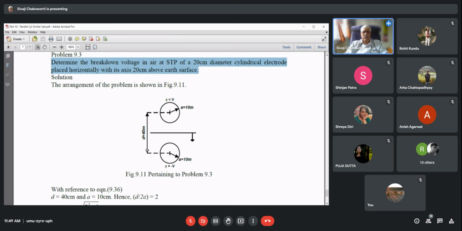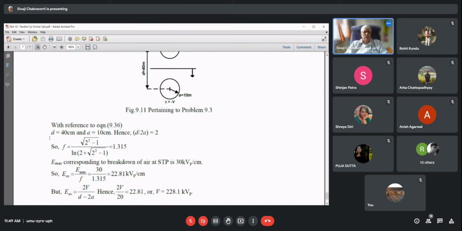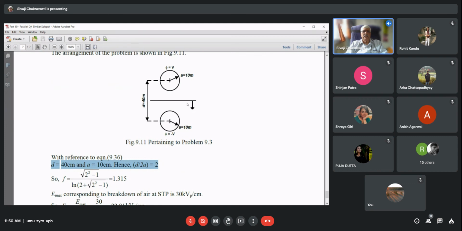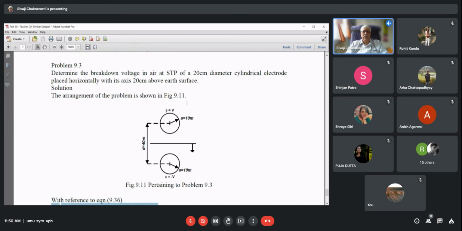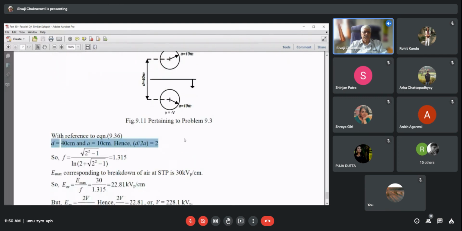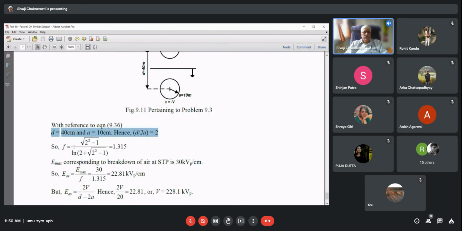So the distance between the two axes, D, will become 40 centimeters, with radius 10 centimeters. There is a mistake here: all are written in meters, but they should actually be in centimeters. So we can find the field factor F.